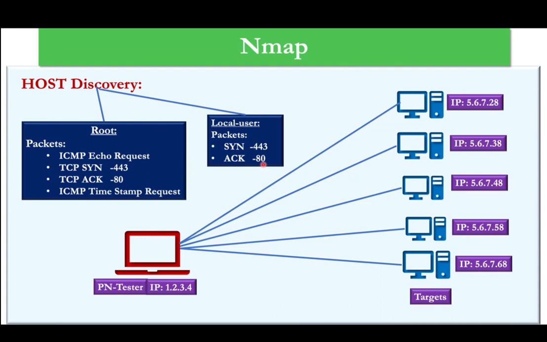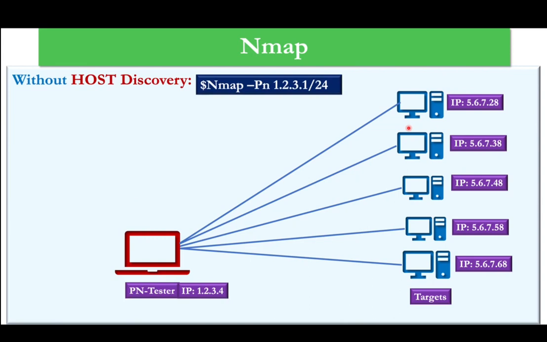And without host discovery, because doing a host discovery and then finding which ports are open, closed, or filtered takes much time. So instead, if you are an internal user and you know which systems are active and which are not, in that case, without going for host discovery, directly go for scanning the ports.